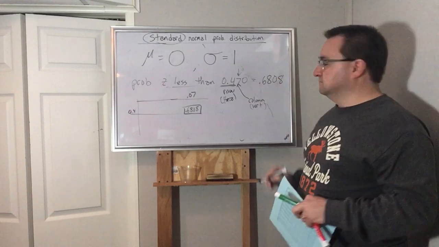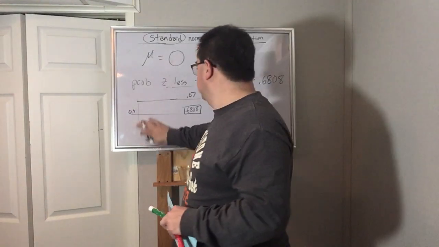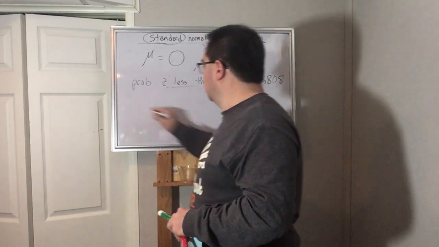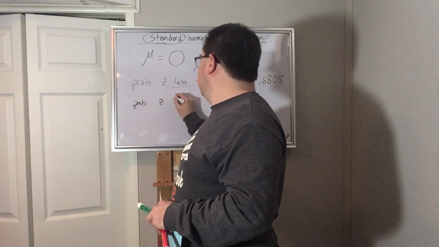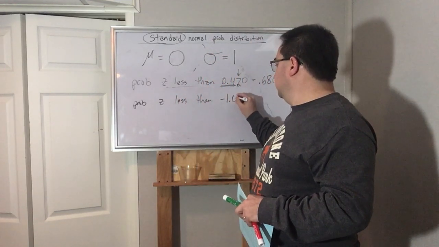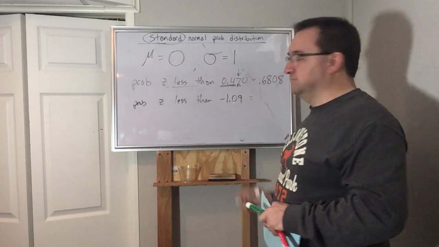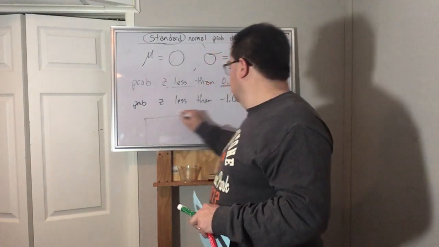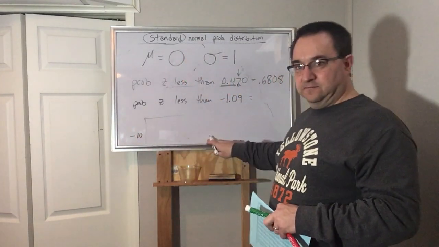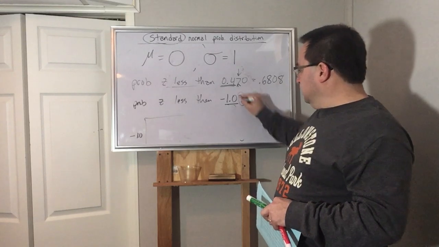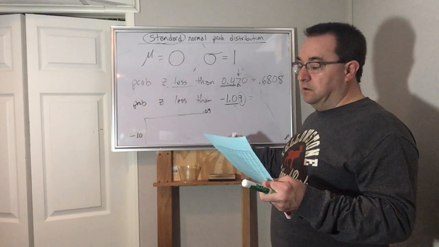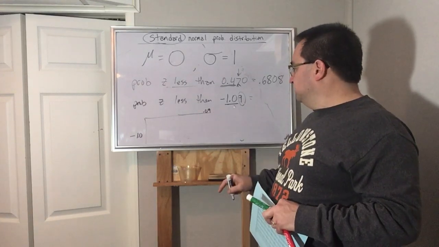Okay, let's do one more. Probability z is less than negative 1.09. So I'm going to look for negative 1.0 in the horizontal, and I'm going to look for way over here 0.09 for my next digit.